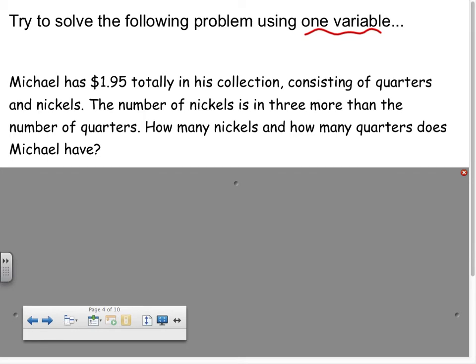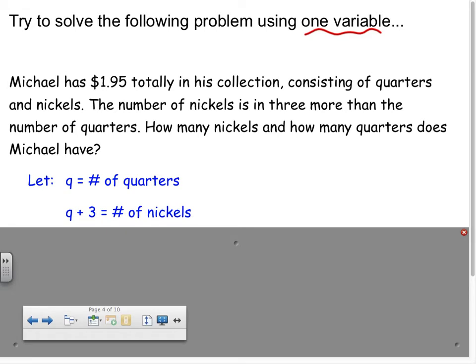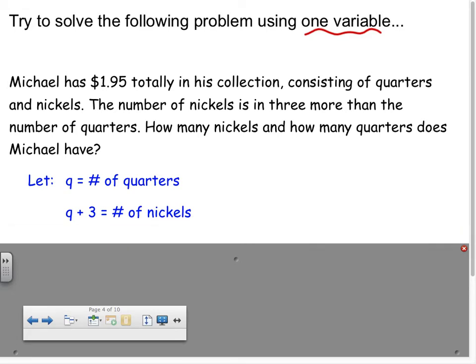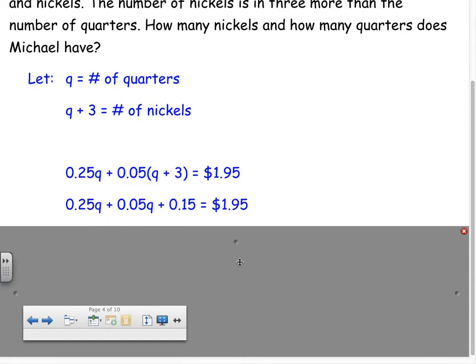So let's first look at how we start a solution like this. Since we don't know the number of quarters or the number of nickels, we can call Q the number of quarters and Q plus 3 the number of nickels. With that, we can create an equation.